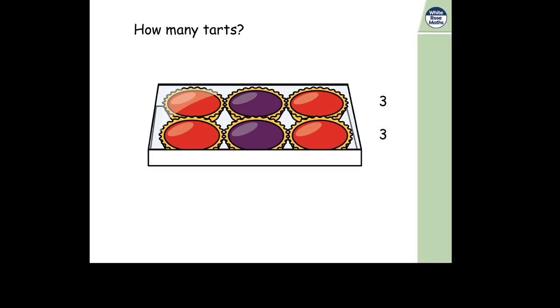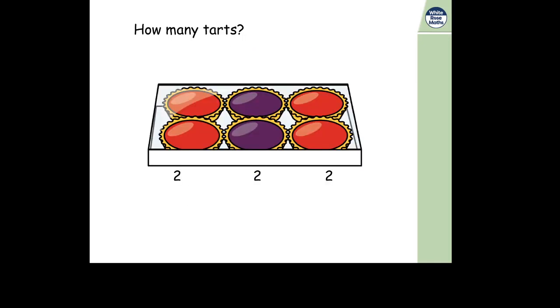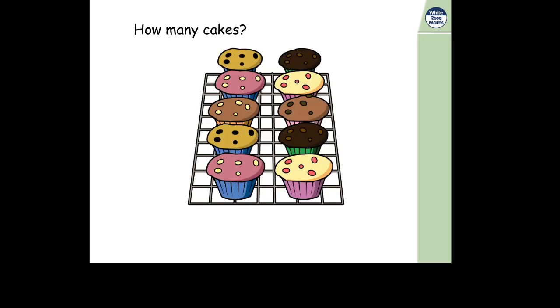We've got 3 in the bottom row. We can also say that that is 2 in the column going down, 2 in the middle column, the 2 purple ones, and then 2 reds that way. Okay, and then we can count. So we can either go 3 add 3 is 6, or we can count in 2s. 2, 4, 6.